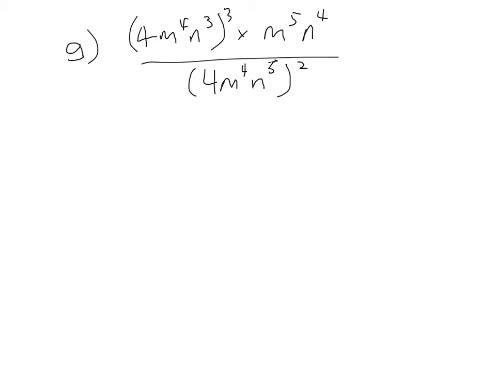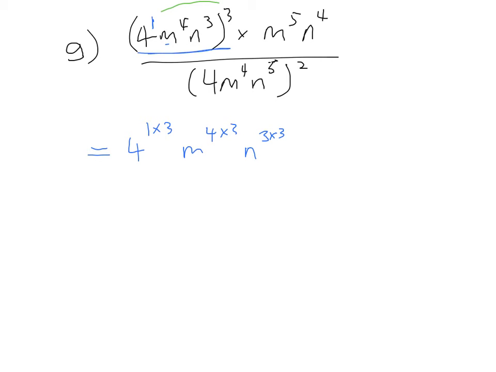This one we've got a few steps here to simplify it down. Firstly, with the first bracket we've got a power of 1 with the 4, so that will be 4 to the power of 1 times 3. And then we have the m to the power of 4 times 3, the 3 outside the bracket. And then we have the n to the power of 3 times the 3 outside the bracket.